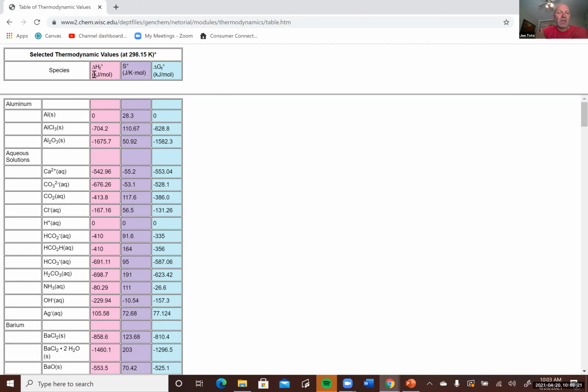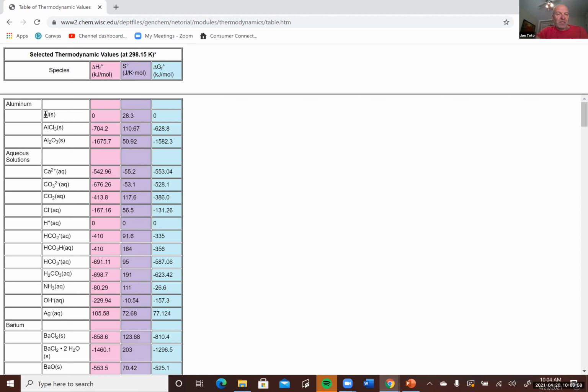Notice the typical units that they use for each one of these. For delta H and delta G, it's almost always kilojoules per mole. S is joules per mole Kelvin because of how you calculate S and delta S. It's a temperature dependent kind of thing. And it's in joules, not kilojoules.